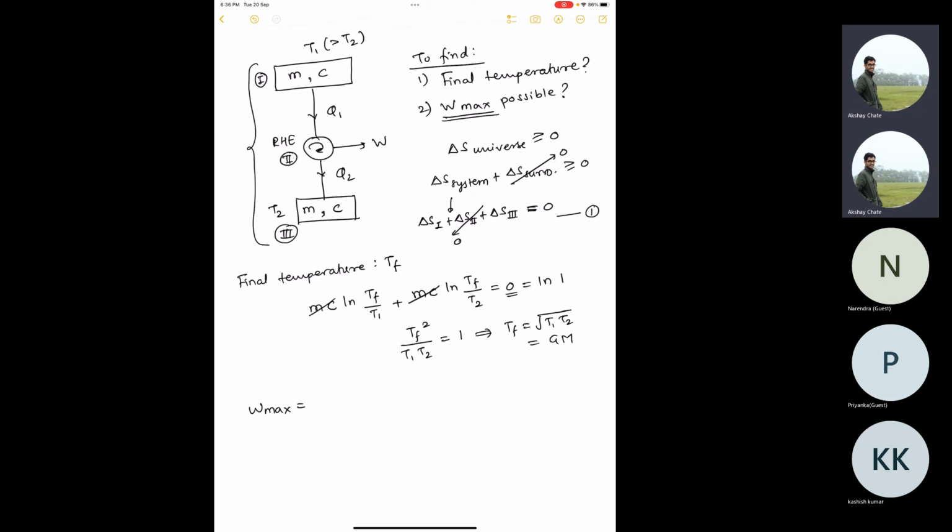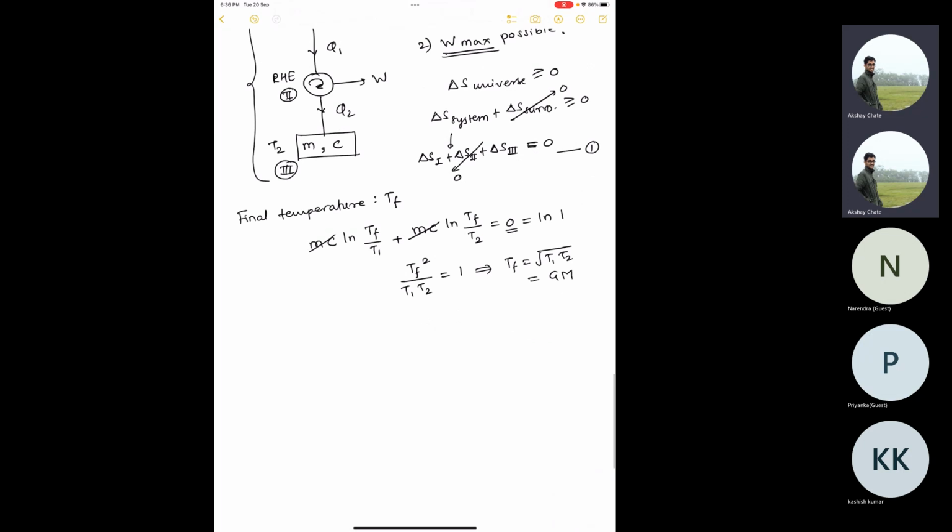So if you write the energy balance for this system, I will not skip that step, it is important. You can write MC(T1 minus TF) equal to MC(TF minus T2) plus W max.